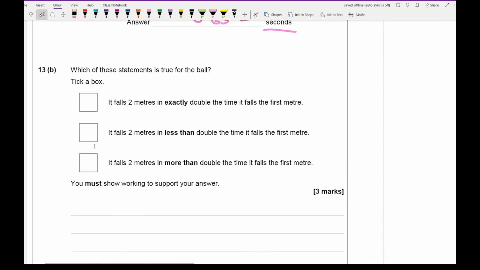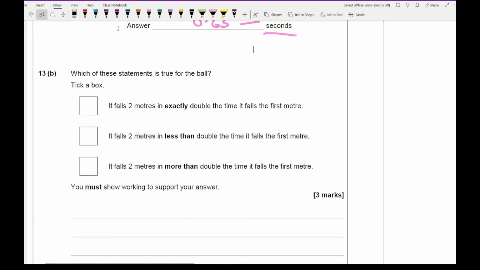Moving on to 13b, it says which of these statements is true for the ball. So it falls 2 meters in exactly double the time it falls for the first meter. It falls 2 meters in less than double the time it falls in the first meter. And in the last option it falls 2 meters in more than double the time it takes for the first meter. You must show your working out for this answer.